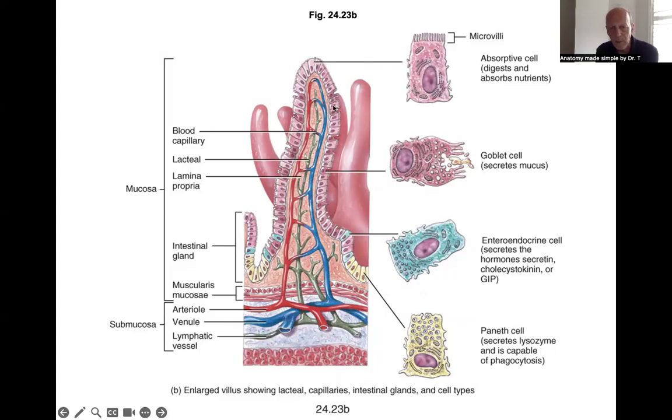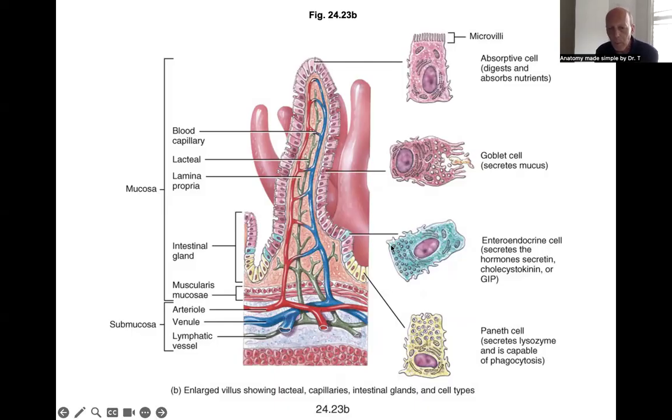Scattered in between them here and there, we have a couple of goblet cells secreting mucus because regardless of pH value of a chyme, a little bit of mucus always comes handy to protect whether it's slightly alkaline or slightly more acidic. We need to be aware of physical protection of the lumen of the gut.